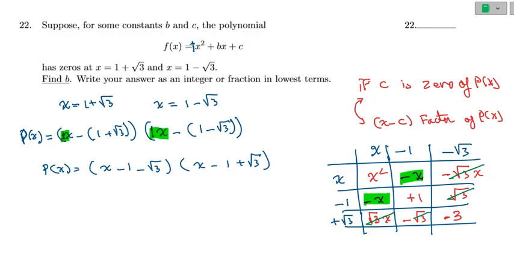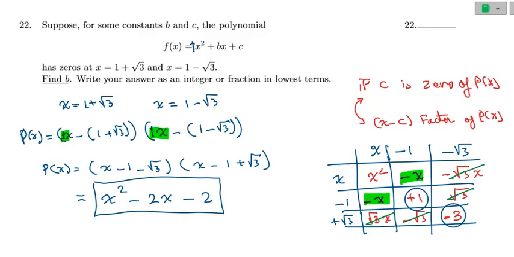Radical 3 cancels out with minus radical 3. And everything else, I'm going to add up 1 and minus 3. So in conclusion, my polynomial will become x squared minus x, and minus x is going to be minus 2x. 1 and minus 3 is going to be minus 2, and this should be your final answer.